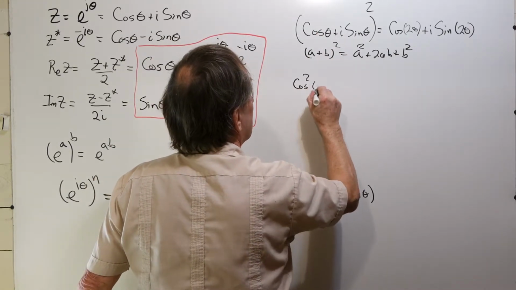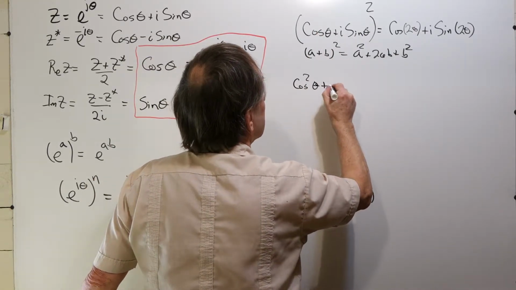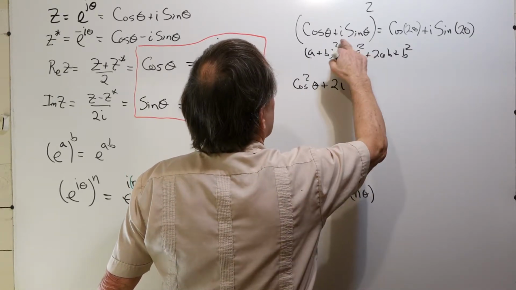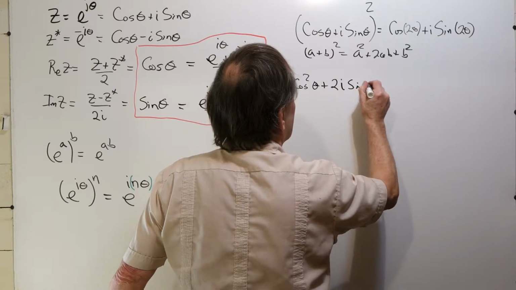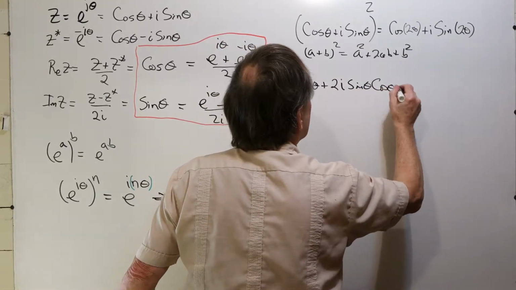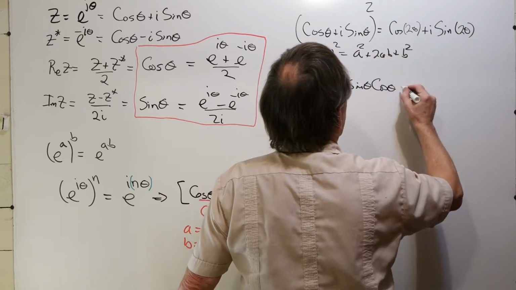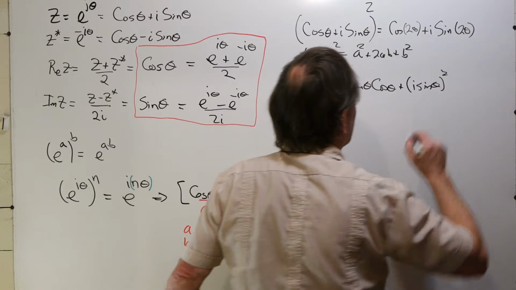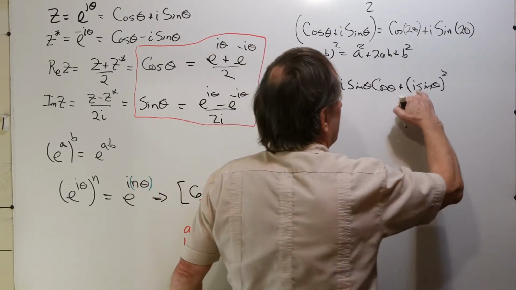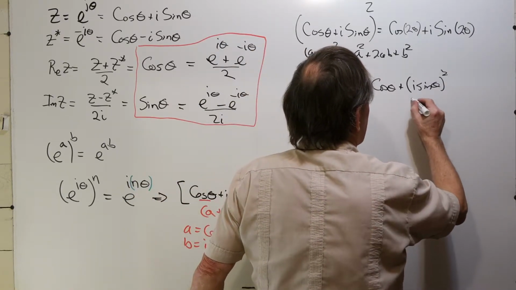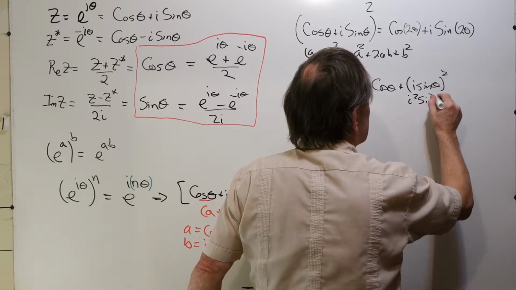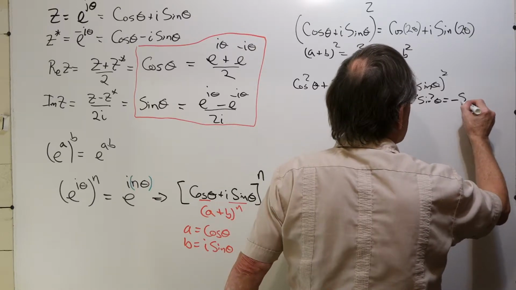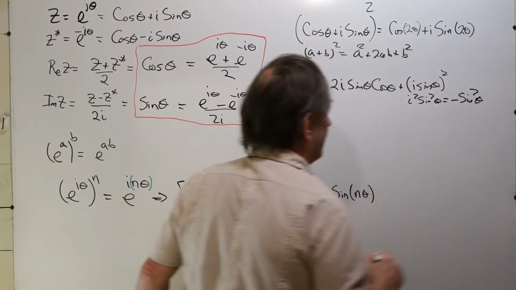This is cosine squared theta, plus twice the cross product, i sine theta cosine theta, plus the last term squared, which is i sine theta squared. But we know from before that this is i squared sine squared theta, and i squared is minus 1. So this is nothing more than minus sine squared theta.